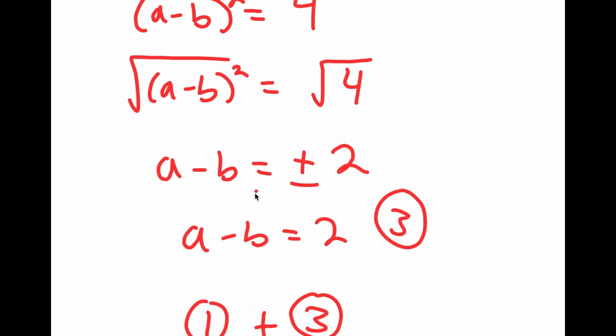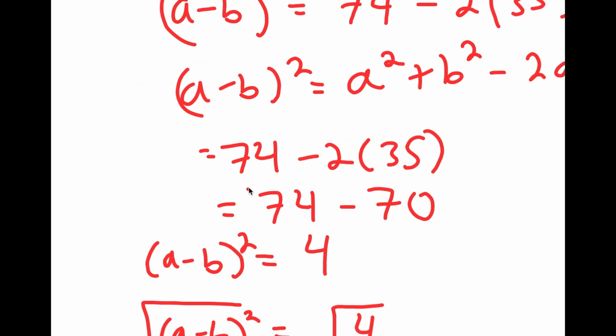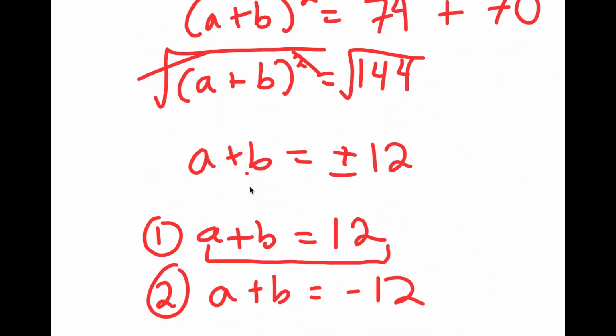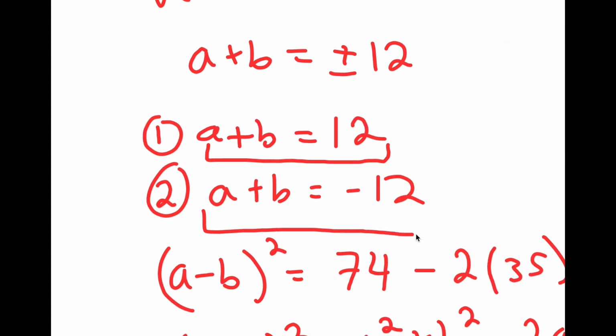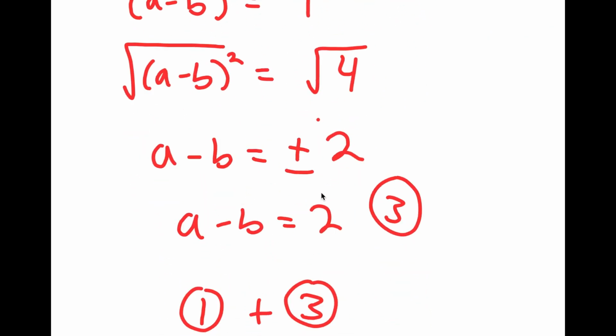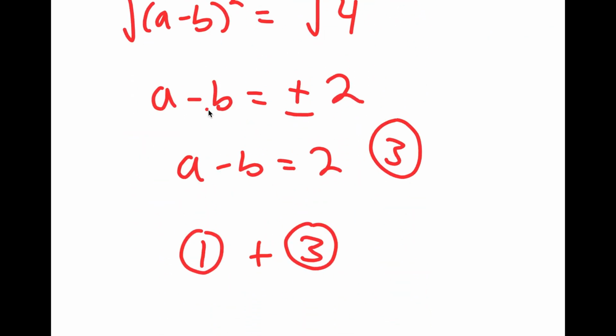Now, I also have equation 2 over here, a plus b equals negative 12, and equation number 4, which is a minus b is equal to negative 2.